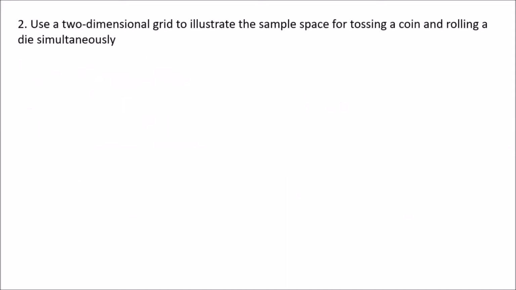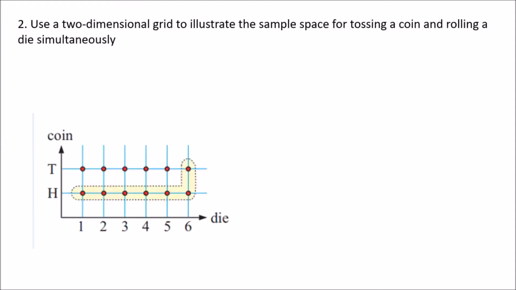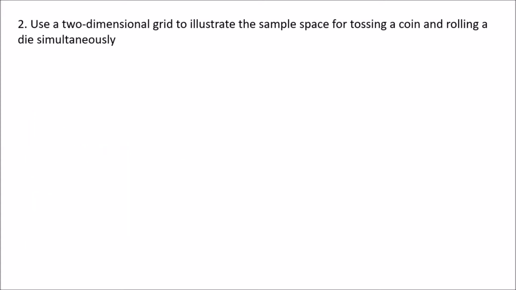Okay, now we are going to represent 2 experiments in a 2-dimensional grid, tossing a coin and rolling a die. Nice. First, let's list out the elements and write the sample space.